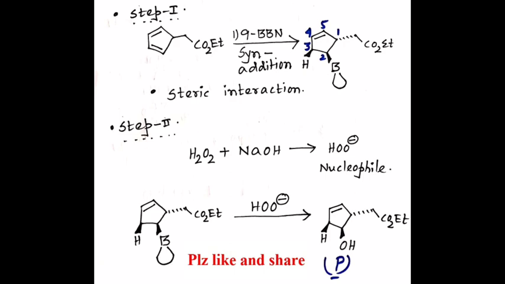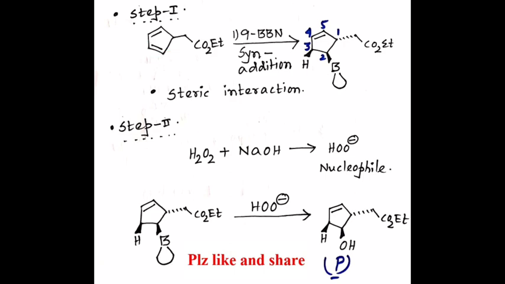Here the starting material is the cyclopentadienyl derivative. This is a symmetrical type of molecule. Since 9-BBN is an addition reagent, it attacks one of the double bonds selectively. Since 9-BBN is taken in 1 equivalent, maybe it attacks this type of double bond.